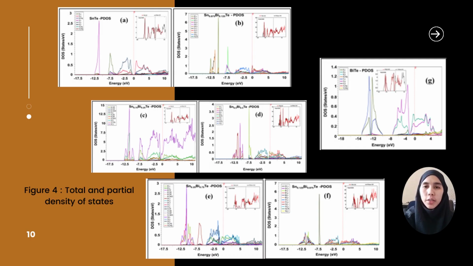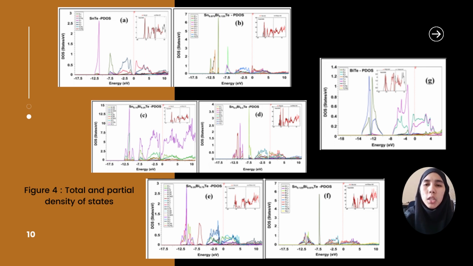So as we could see, the total DOS for both SOC and non-SOC calculation is included in the inner square box, and the partial density of states for SOC is plotted against energy as shown in figure 4A until G. From figure 4A, it's observed that the DOS at the Fermi level is 0, confirming the material SnTe has semiconducting nature, and around the Fermi level, the Sn p and Te p states of the electron contribute more, and a sharp peak is observed in the valence band only by the Te p state electron.